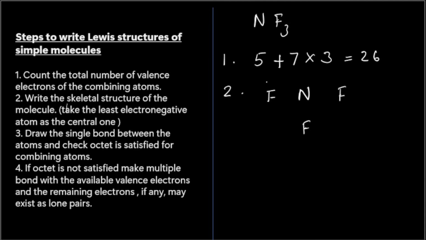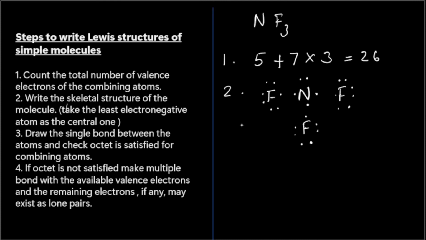And now put the valence electrons as dots. Fluorine has 7 valence electrons, so 7 dots. Nitrogen has 5 valence electrons, so we can show the 5 valence electrons as 5 dots.